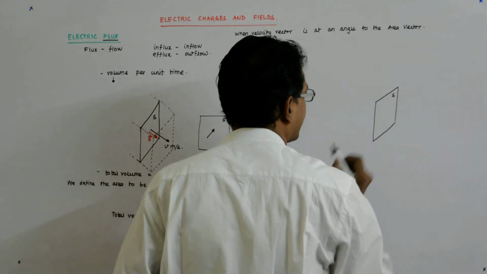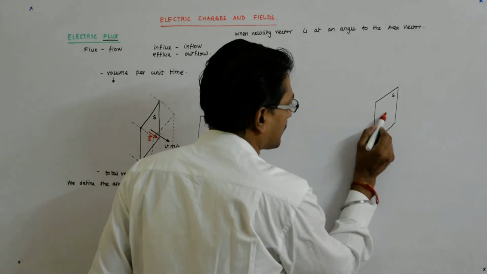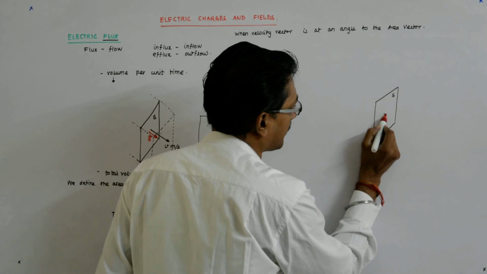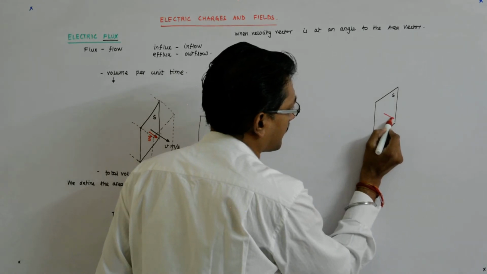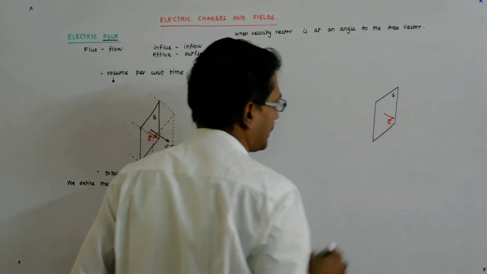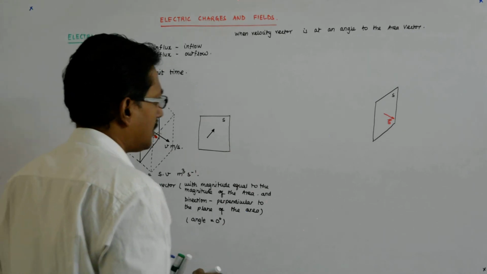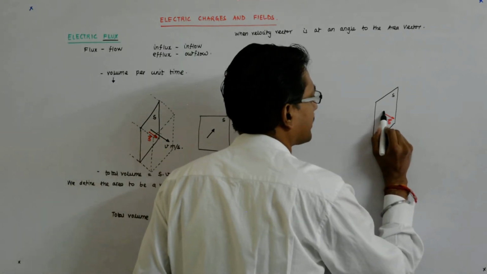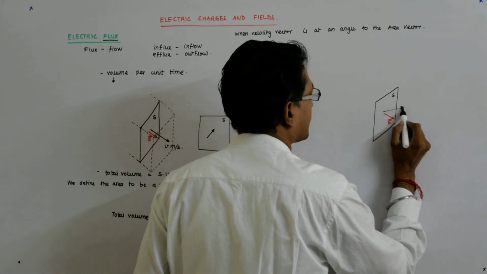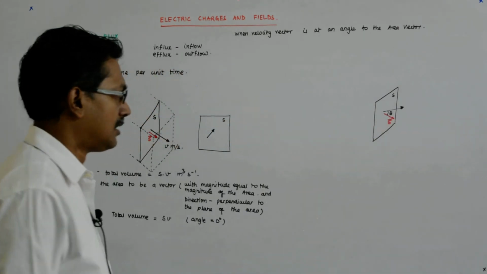This is my S area, and the area vector was something like this, and the velocity vector is now at an angle theta to it. Now what happens?